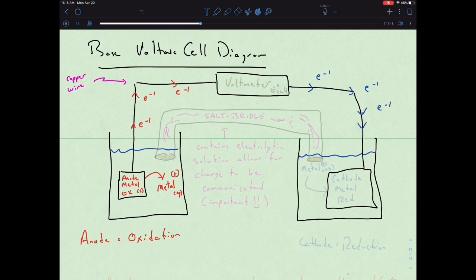So this is basically the cathode, or the metal that's undergoing the reduction. So we would have our metal that's positive in solution being attracted to that negative source and deposited.